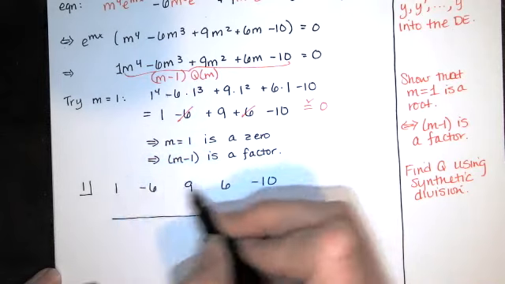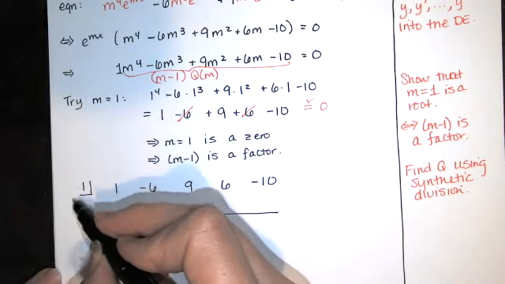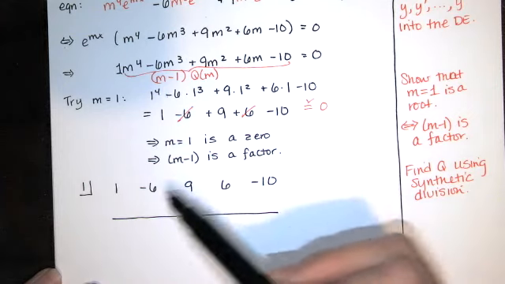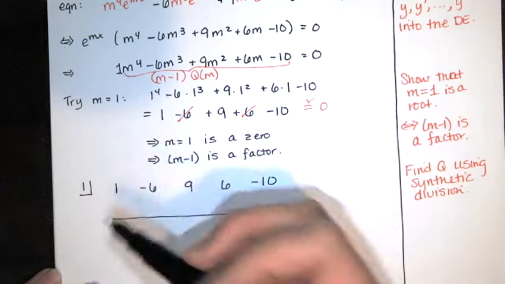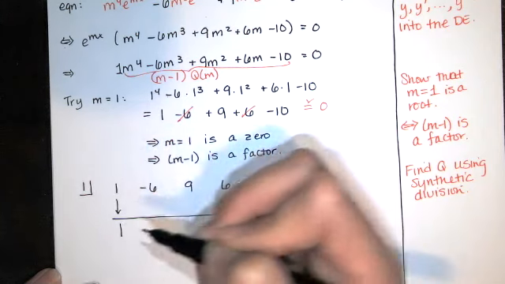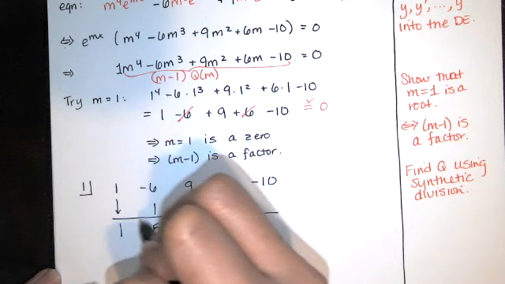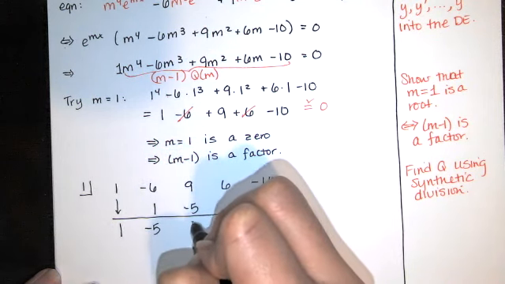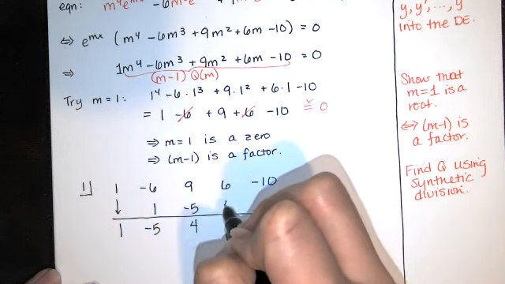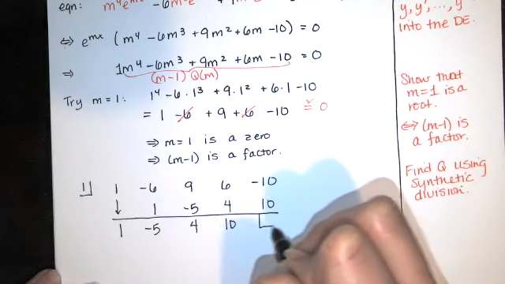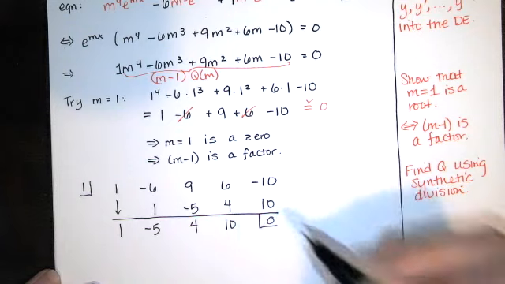So with synthetic division, you list the root here, you list the coefficients of the polynomial that you're dividing in descending powers of m. Bring the first number down, multiply and add, multiply and add, multiply and add, multiply and add, and that's good. Whatever's over here should be the remainder.